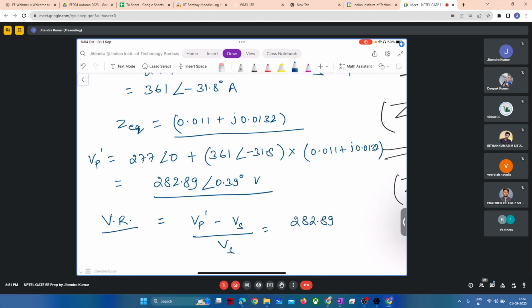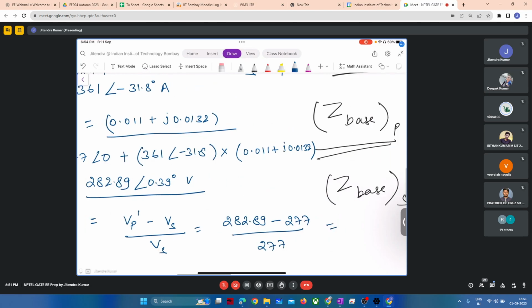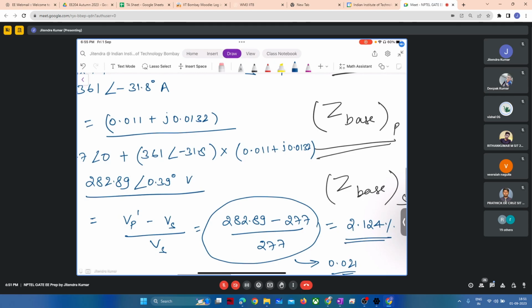So we will write 282.89 minus 277 divided by 277. How much is it coming? 2.124%, right? So basically it will come out to be 0.021. Okay, so this is the answer for part C.